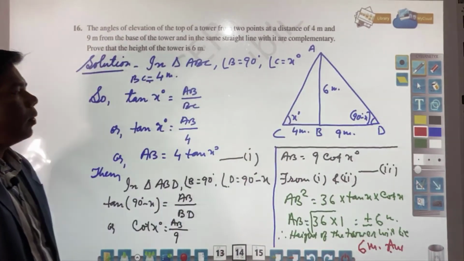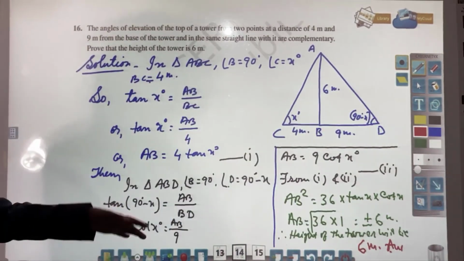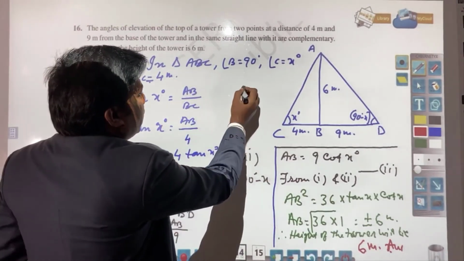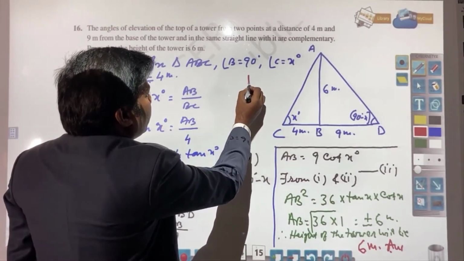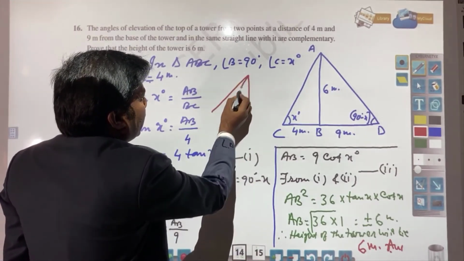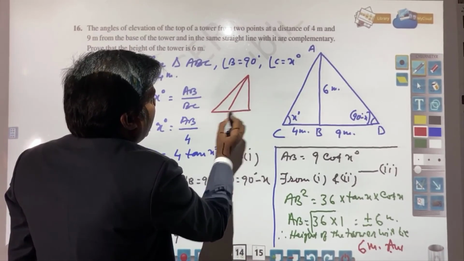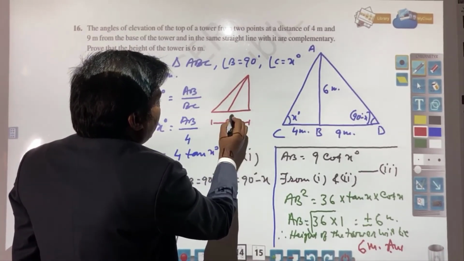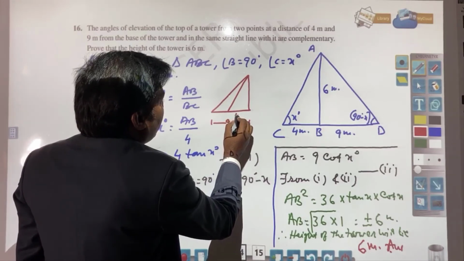So in this way we need to do. This thing you need to remember. Here one more thing can be done. This figure could be drawn in this way also. Suppose this is your tower and the 2 points you can take on the same side. In this case this length will be 9 meter and this length will be 4 meter.